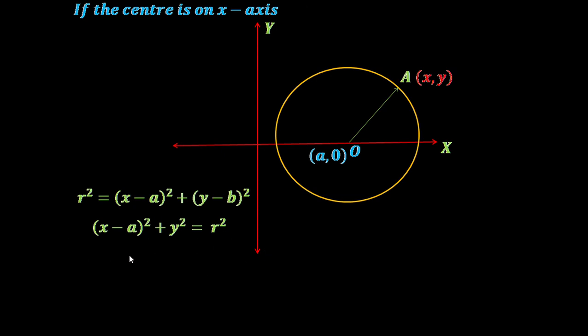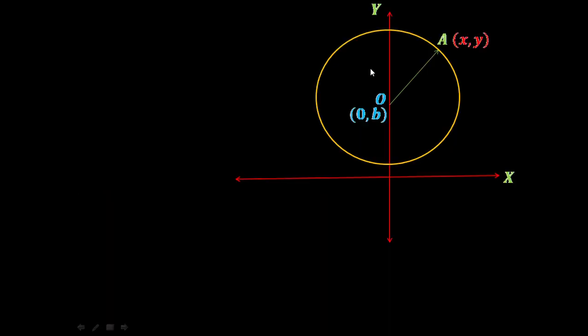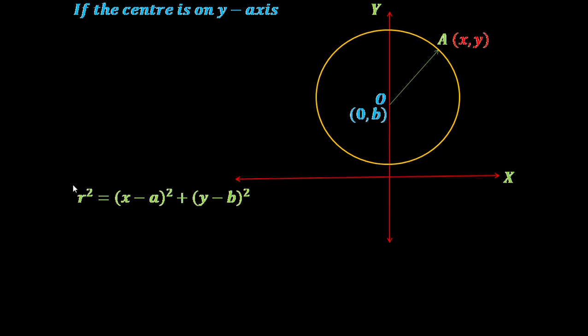Here, if we don't have any term related to y, then we have to conclude that the center is lying on the x-axis. Similarly, if the center lies on the y-axis, then again in this equation we shall put a equals 0, and then we can get this equation. Here also we can understand, if we have x square but we do not have any term related to only x, then the center lies on the y-axis.